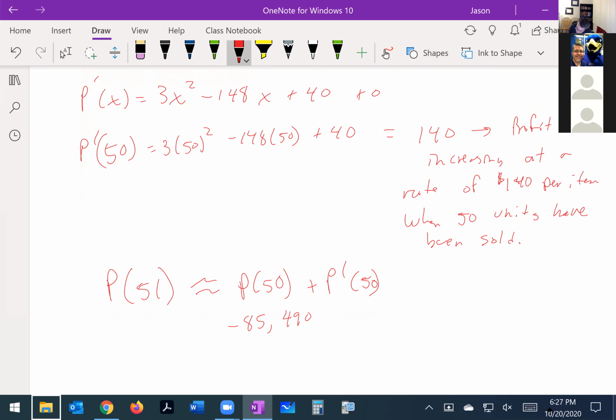And then what was the change? How fast is this thing growing or decreasing? It's changing $140 per unit, and this is going to be approximately how much profit I make on the 51st item.